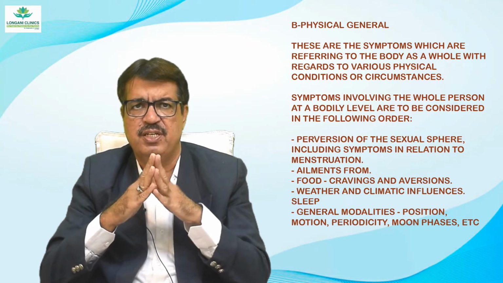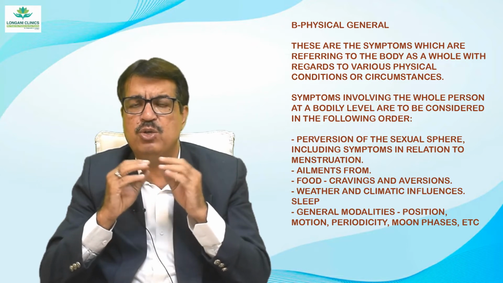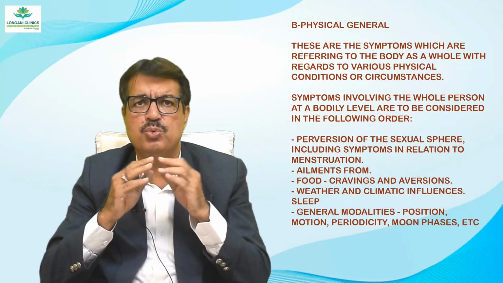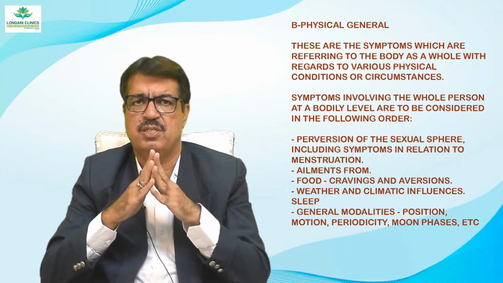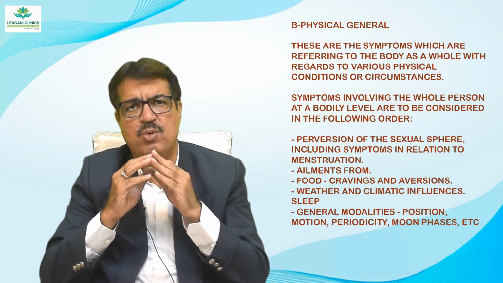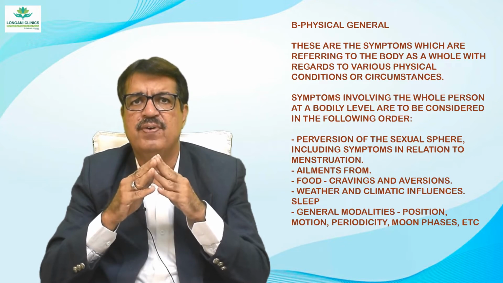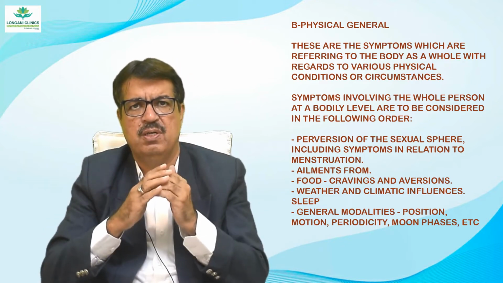Now we will see the second one, physical general. These are the symptoms which are referring to the body as a whole with regards to various physical conditions or circumstances. Symptoms involving the whole person at a bodily level are to be considered in the following order.